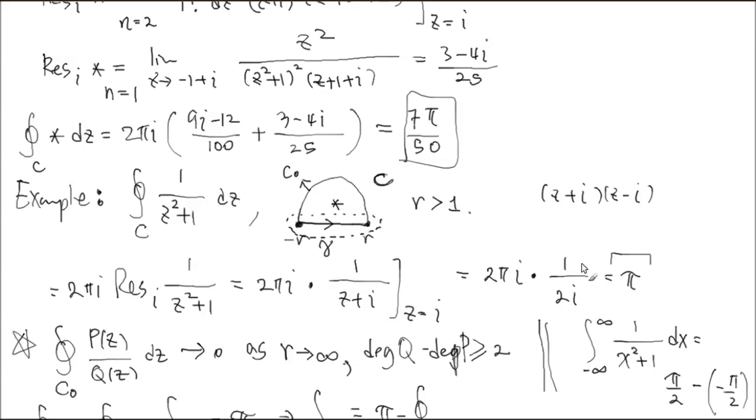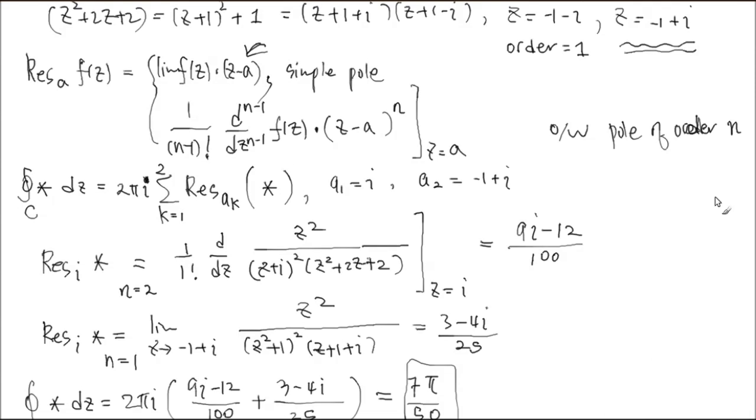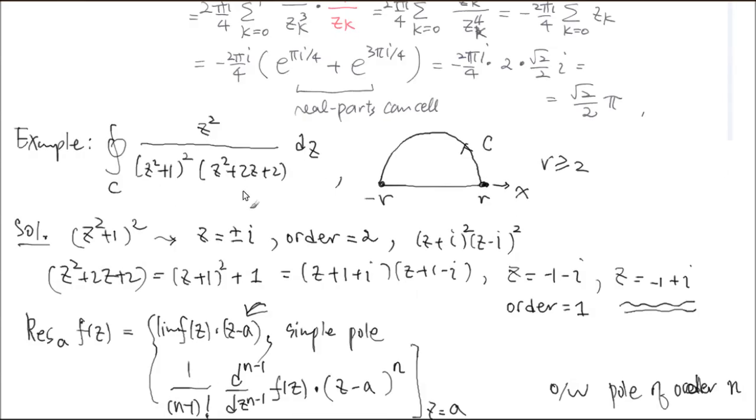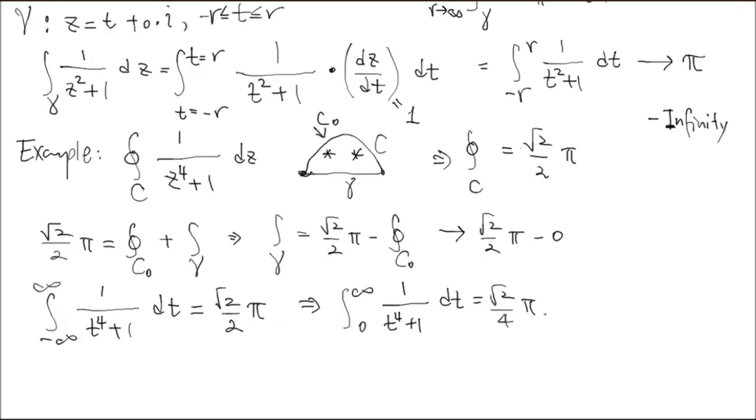But what happened? What is the degree in here? Degree 2 there, right? Is it degree 2? Oh, it's not showing the right thing. And what is the degree down there? Degree 2 and degree 4, right? So the difference is at least 2. So still the upper circle is going to approach 0. From all that, we have a result.